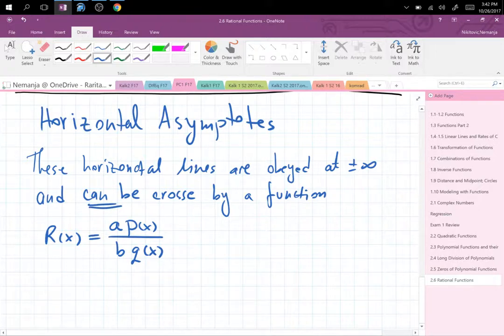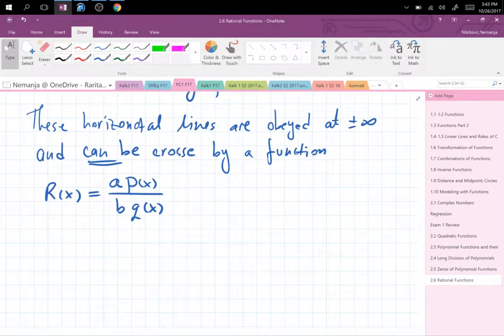So you have a leading coefficient, a, and then a polynomial in the numerator. And then you have the leading coefficient b times some polynomial in the denominator. Here are the rules. You have to memorize these.